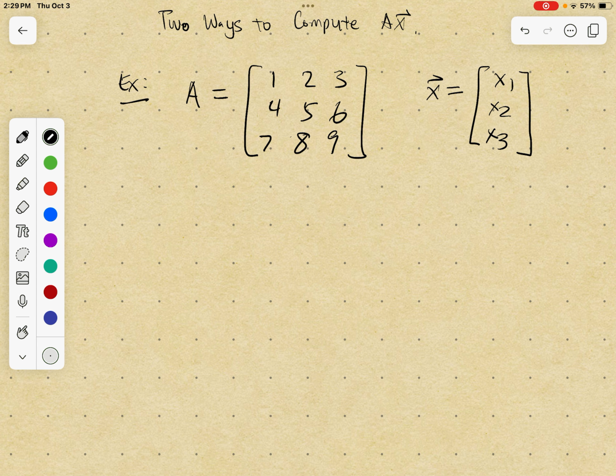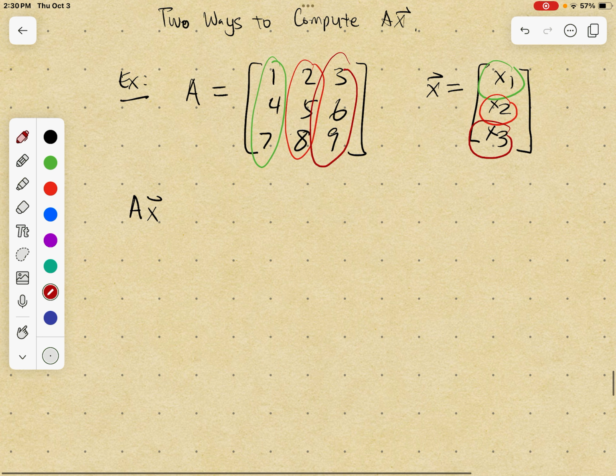It's not a specific vector with specific numbers. So the way we defined A times X is, what you do is you take x1 of the first column and add x2 of the second column and add x3 of the third column. So what that ends up being is x1, and remember x1, x2, and x3 are scalars.